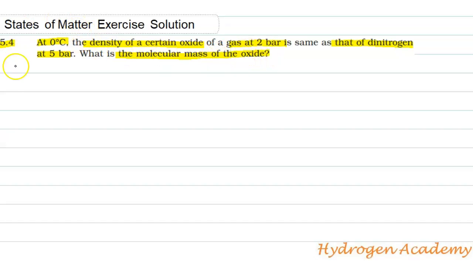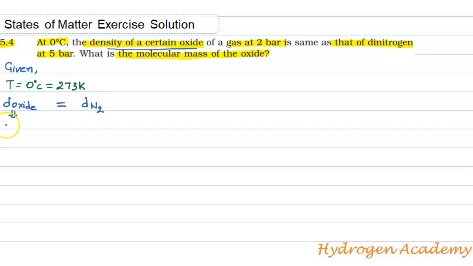First of all, we have to note down the given information in the question. According to the question, temperature is given 0 degree Celsius, which means 273 Kelvin. Density of a certain oxide, that is D oxide, is equal to density of nitrogen, but here the pressure is different.